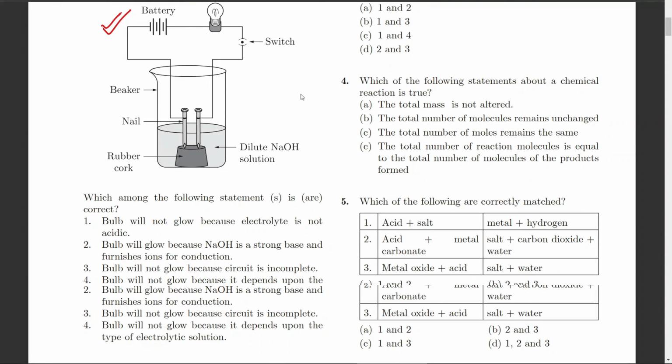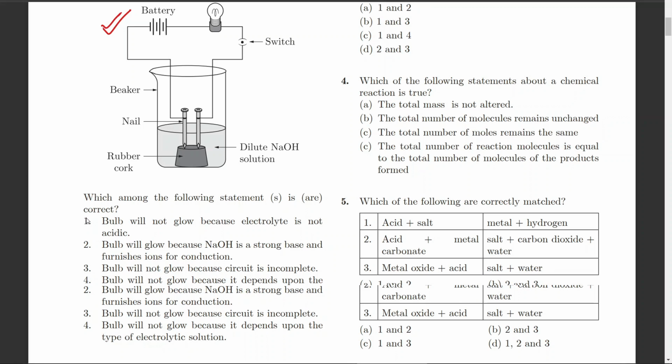You have to observe the apparatus and tell us the correct answer. So first option is, bulb will not glow because electrolyte is not acidic. Second, bulb will glow because NaOH is a strong base and furnishes ions for conduction. Third, bulb will not glow because circuit is incomplete. Fourth, bulb will not glow because it depends upon the type of electrolytic solution.